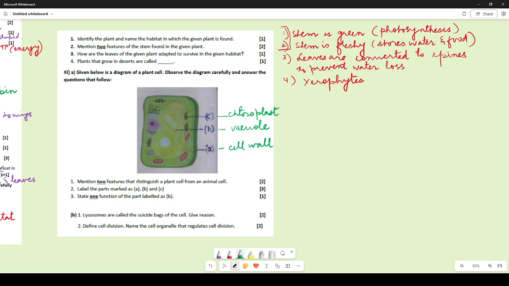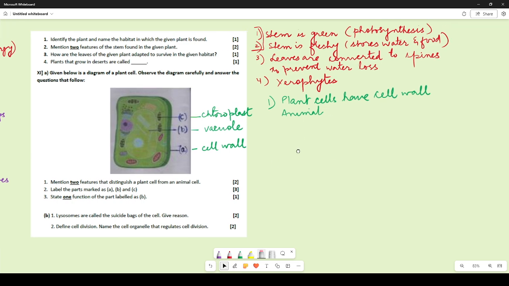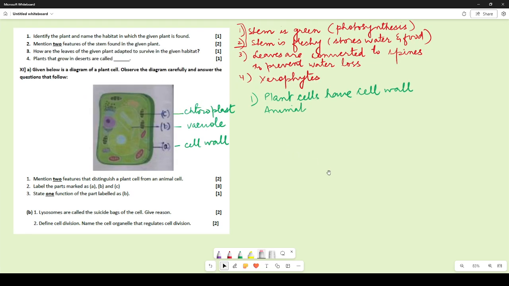Mention two features that distinguish a plant cell from an animal cell, right? So over here we have plant cells have cell wall as their outermost covering, whereas animal cells have cell membrane as the outermost covering. Now it is important to mention this, you cannot say plant cells have cell wall and animal cells have cell membrane, because plant cells also have cell membrane, right?